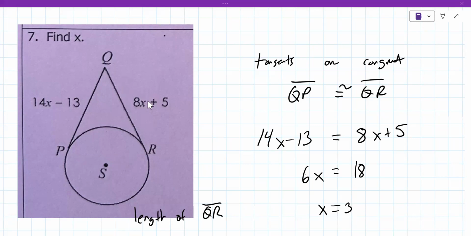I'm asking you to put 3 in for X and calculate 8x plus 5. Oh, sorry about that.